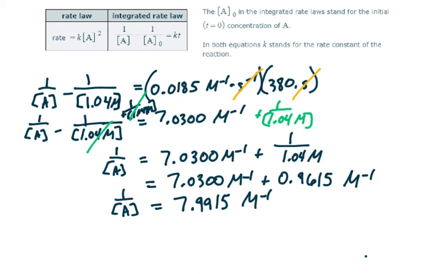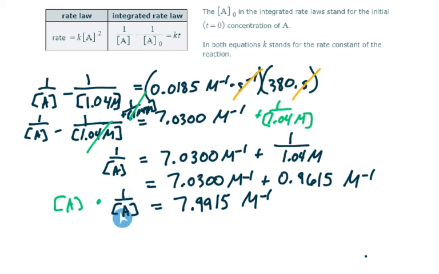So the last step, I have to invert both sides. And inverting both sides just means I'm just swapping the numerator and denominator in both cases. To explain what happens here, if I multiply both sides here by A, because I want to solve for concentration of A, but I need it in the numerator. I need it up top, right?